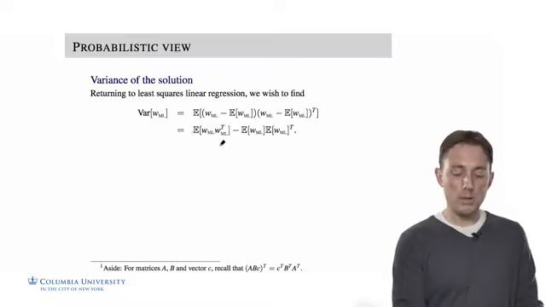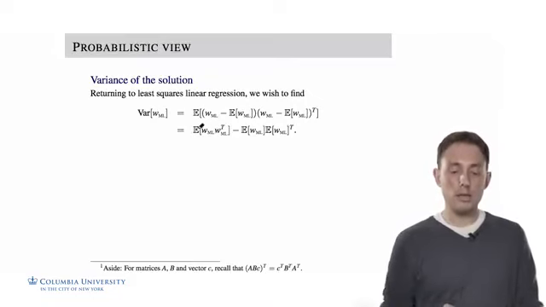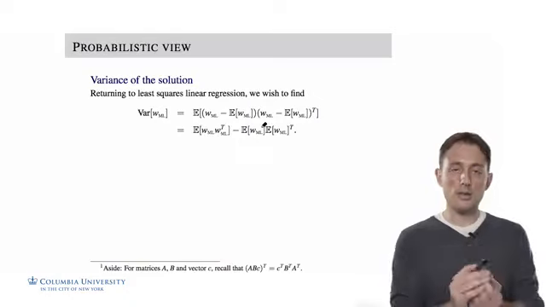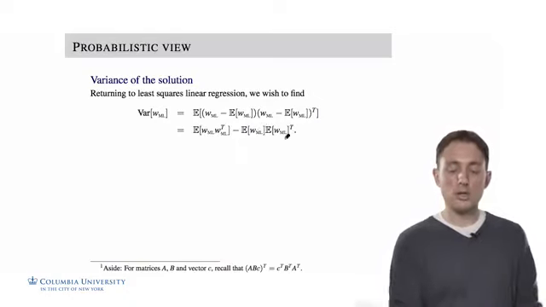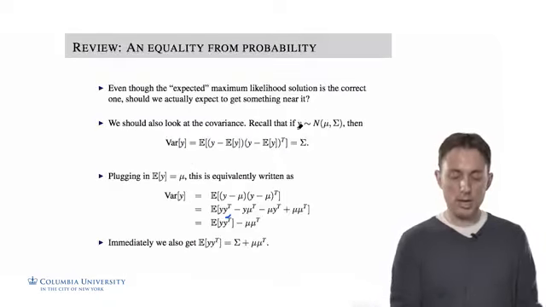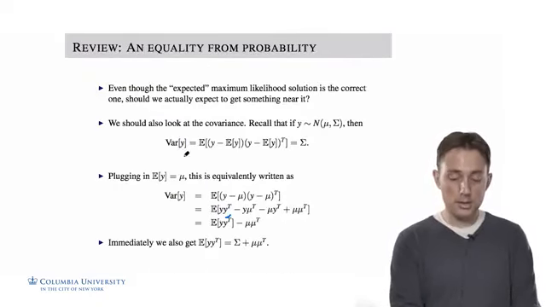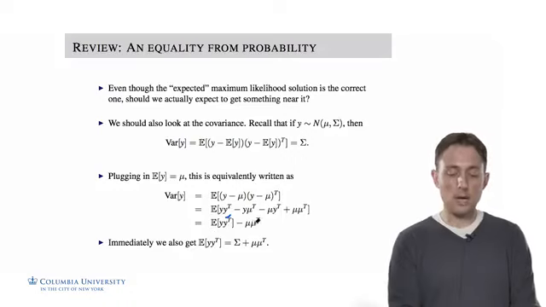Equivalently, we're asking for the expectation of the maximum likelihood solution times itself transpose, minus the expectation of the maximum likelihood solution times the transpose of that expectation. This is from the previous slide, where the variance of this random vector is equal to the expectation of the outer product minus the outer product of its mean.